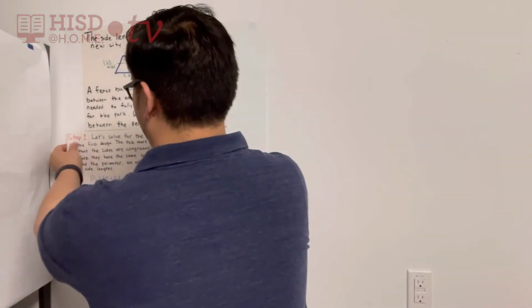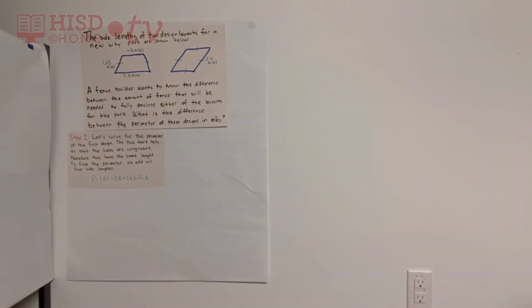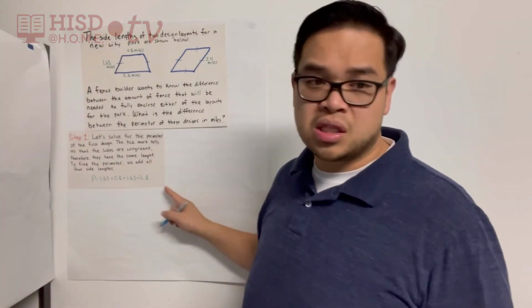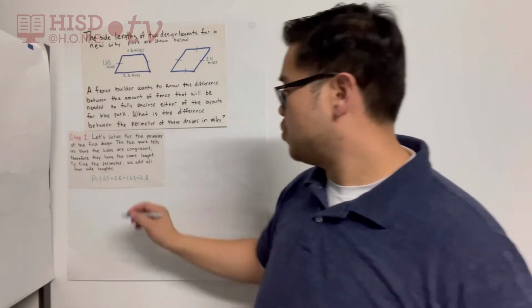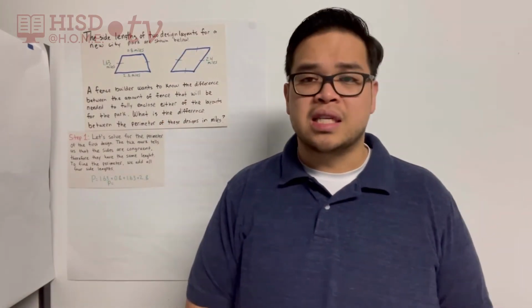That's our first step. And then when we add all these numbers together, that gives us a perimeter of 6 and 86/100.